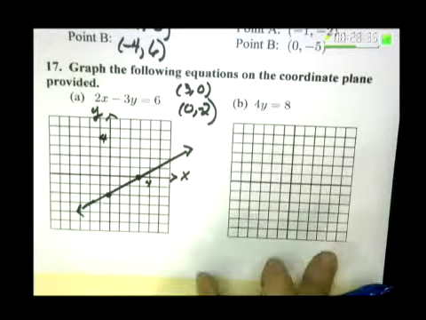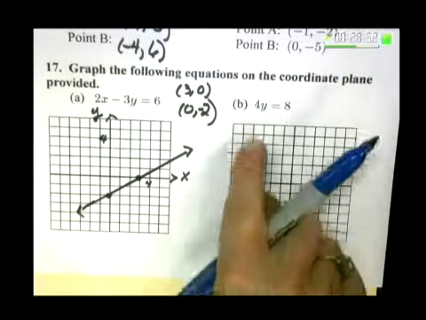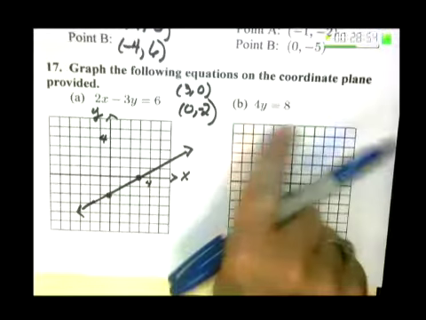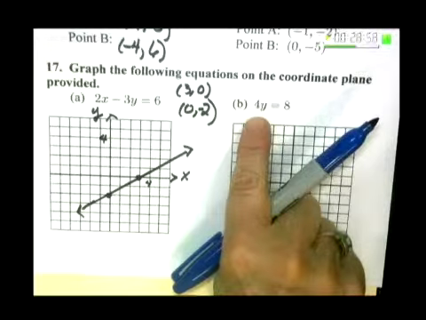We're going to look at problem 12b, which is 4y equals 8. This problem is one of the easier graphing problems, but because sometimes easy problems become hard, this becomes very difficult for a lot of students. It's going to graph into a line, but I only have y's, I have no x's.